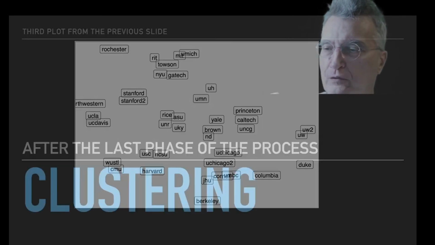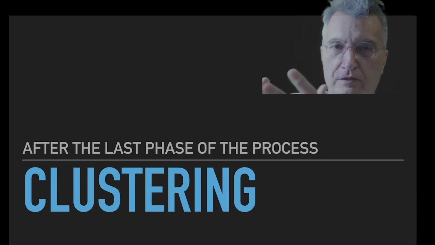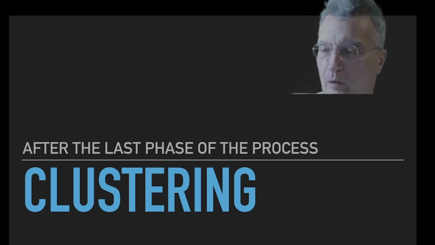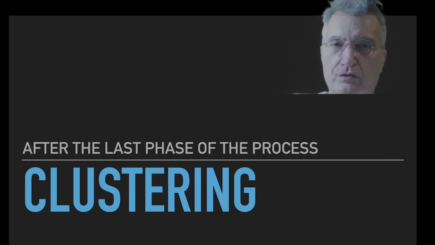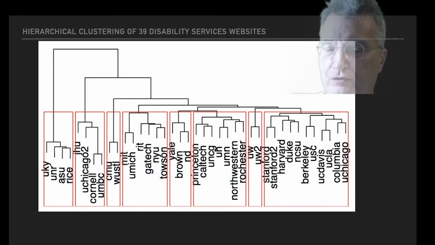However, after the last phase of the process, I did a few other things. So I have all these distances laying around. So one of the things that occurs to me to do with these distances is to cluster the websites. So it's not as interesting to me as a map, and it's not as useful to me as a map.